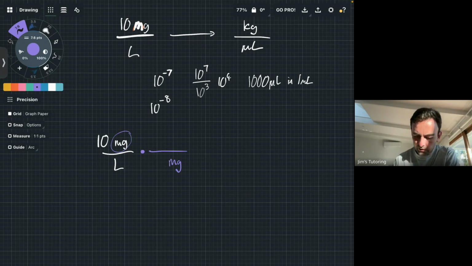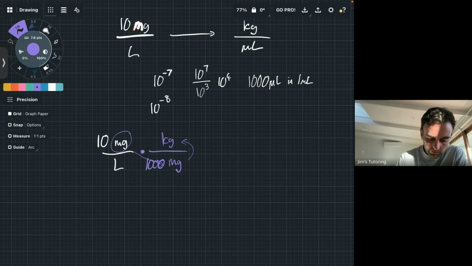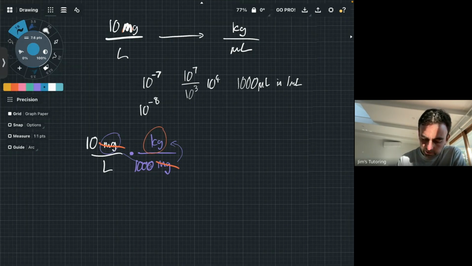So if we're going into kilograms, step 1, step 2, step 3, write your new unit, and we'll add a step 4, which is then you balance it out. So there's 1,000 milligrams in a kilogram. So now that's balanced there. Hope that makes sense. And once we cancel out the milligrams, we'll see that we've now achieved our first unit. So that's good. So litres to microliters.